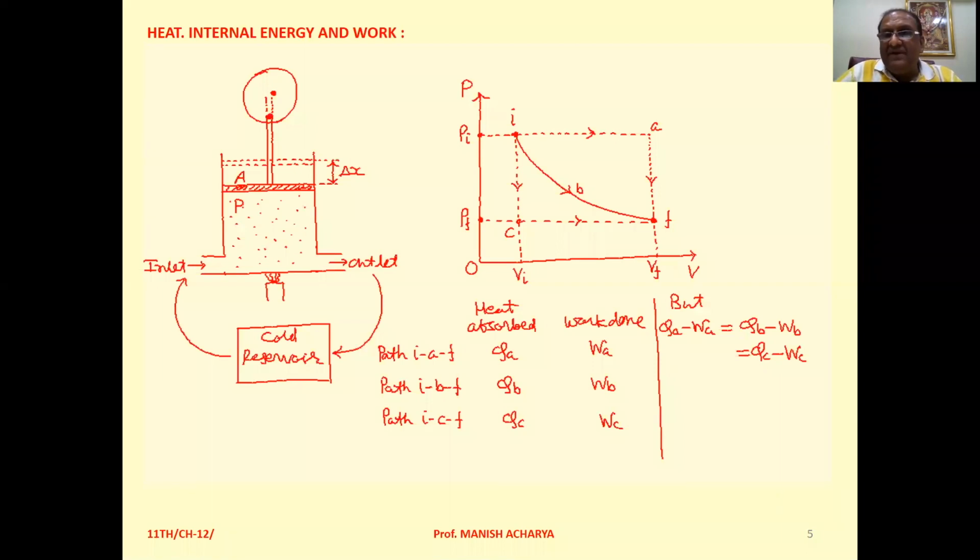But the difference of heat absorbed and work done is the same for any path. It implies that the difference of heat absorbed and work done does not depend on the path chosen to move the system from initial to final. It depends only on the initial and final state. It does not depend on the path. Clear?